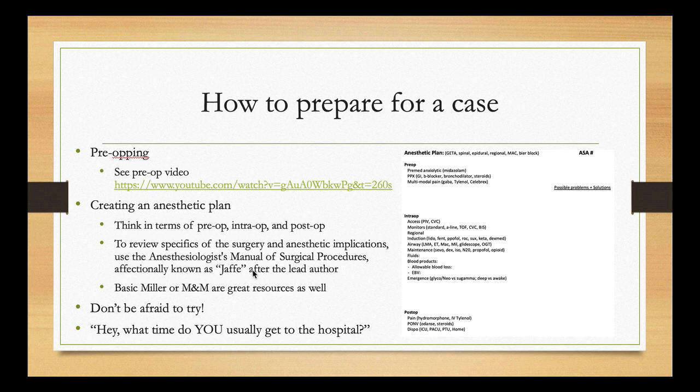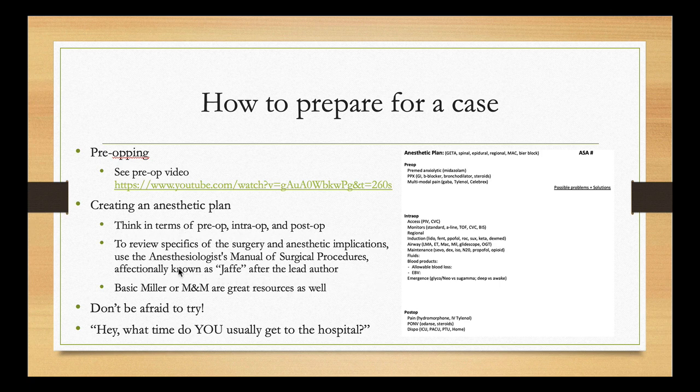The specifics of the type of surgery and the anesthetic implications thereof, I think, is one of the main things that overwhelm students. If you're having somebody that has a thyroid surgery, well, number one, how the heck do you take a thyroid out? What's involved in that? What's the patient positioning? Is there anything weird that happens during that particular surgery? And in addition, what are the anesthetic implications of that?